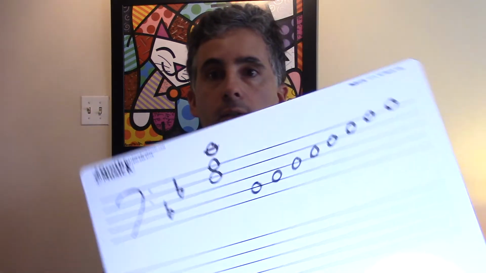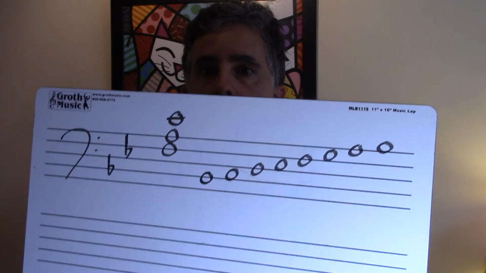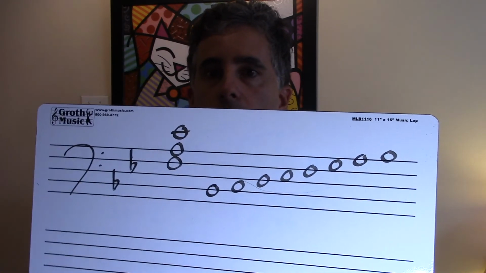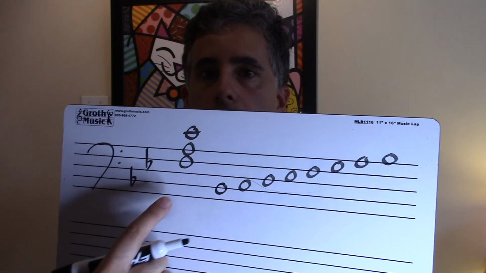So let's write out the scale. So here is my B flat major scale. Alright, here it is. I know it's B flat and E flat is in there, but it's in the key signature, so I don't have to worry about it. And then I take a look at it and say, okay, what is this chord based on?